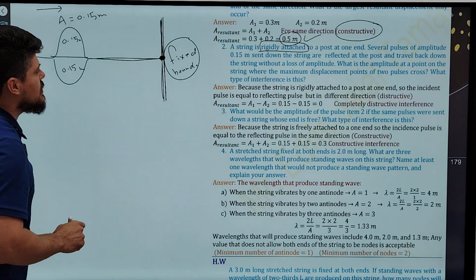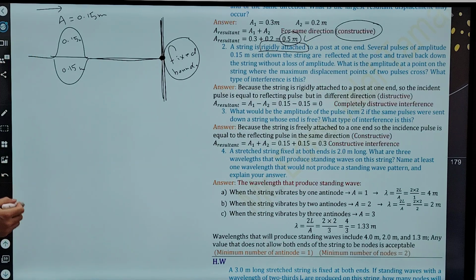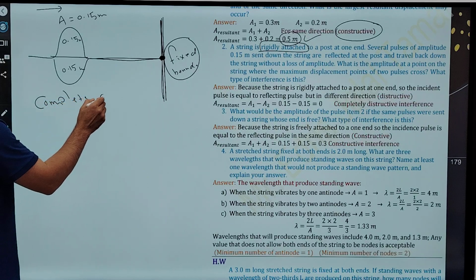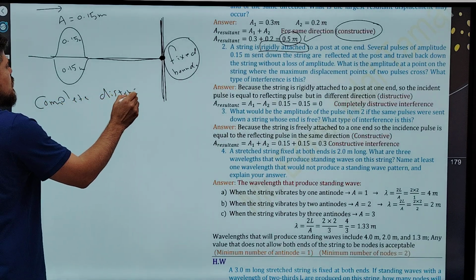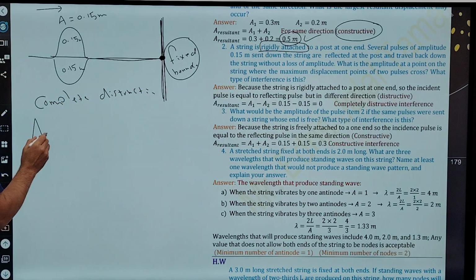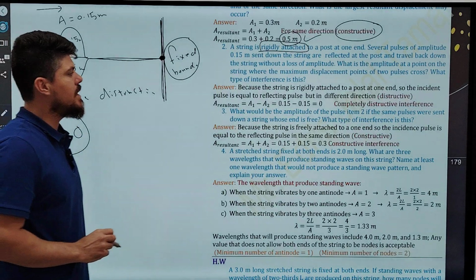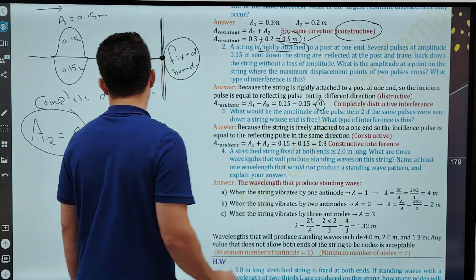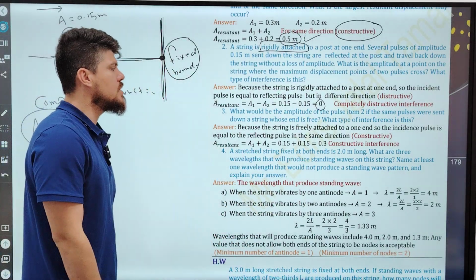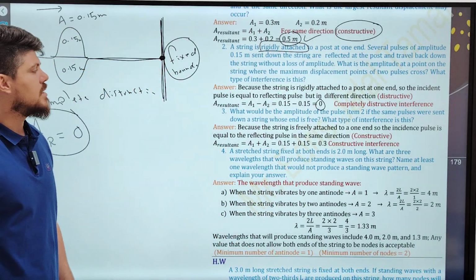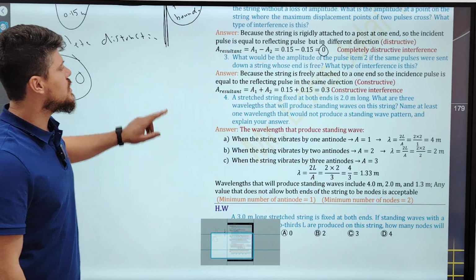In the fixed boundary, the type of the interference is complete destructive. In the case of complete destructive, a resultant amplitude is always equal to 0. The answer is 0. The type of the interference is completely destructive interference.